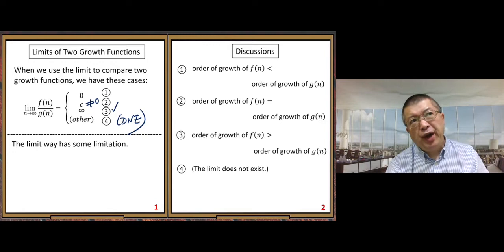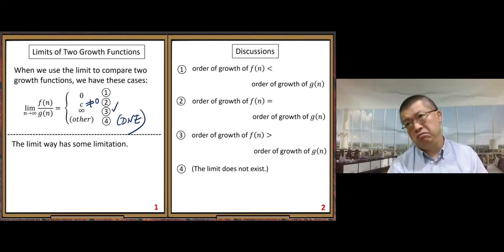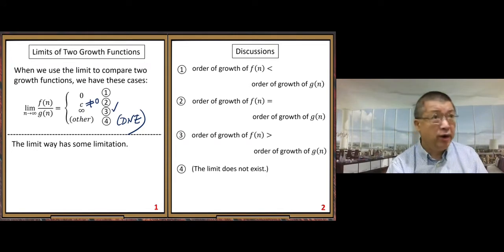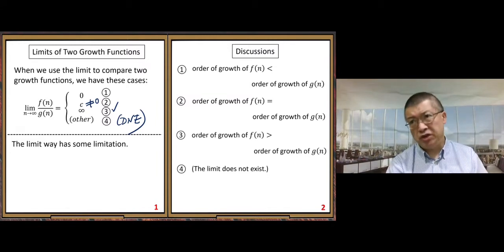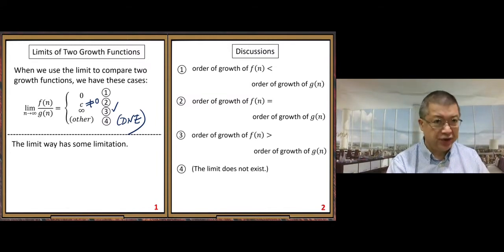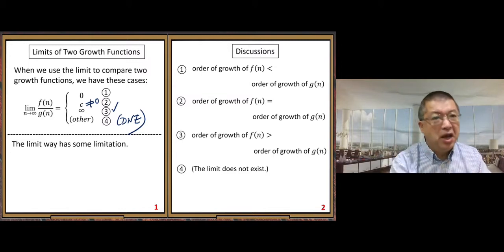But the question is, the limit tool may have some limits. It may not always work. So the limit technique has its own limit. Sometimes it does not work. So the limit way has some limitation.